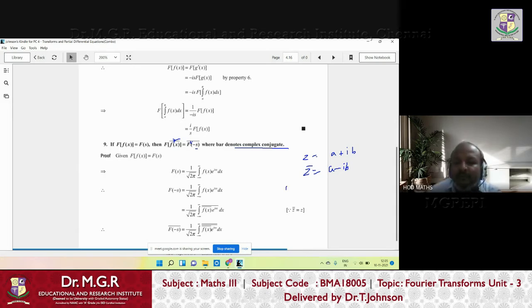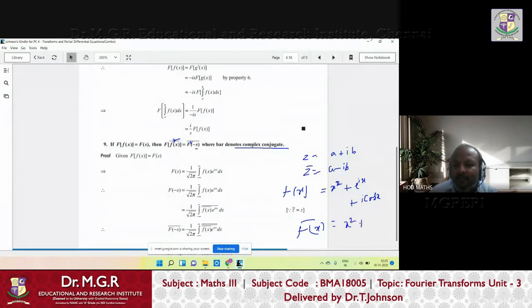For example, suppose f of x is x square plus e power ix plus i cos x. Then f bar of x, that is the complex conjugate of the function, will be: x square is purely real, there is no i, so x square stays as it is.